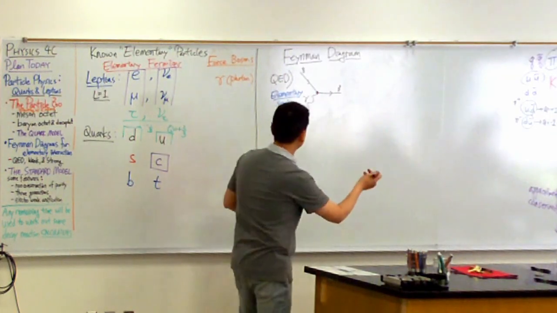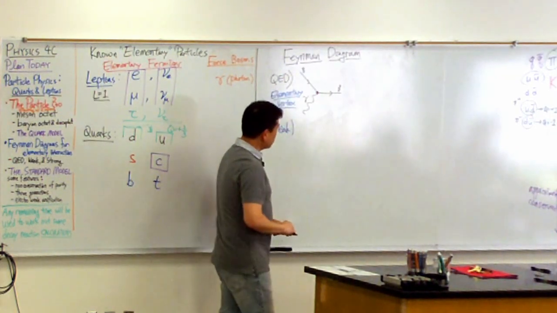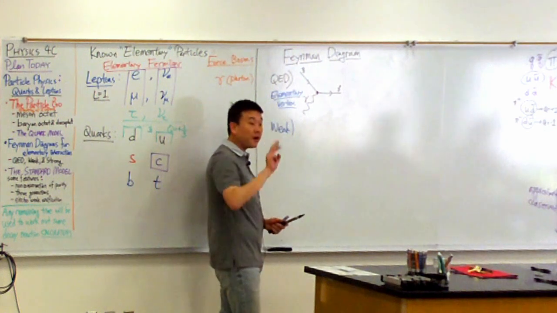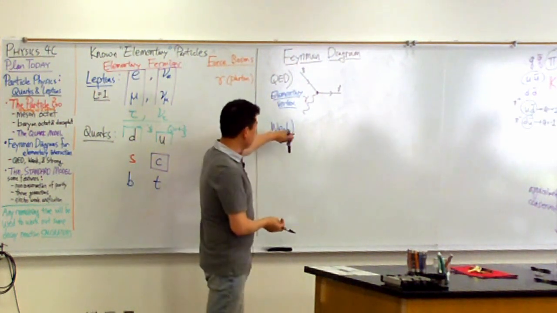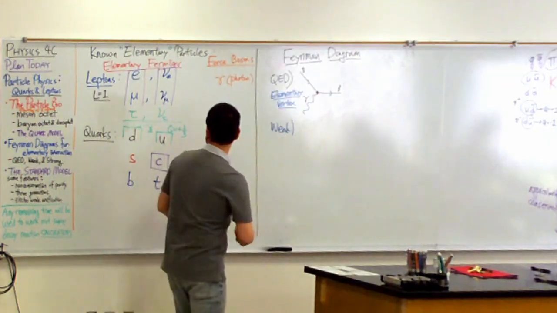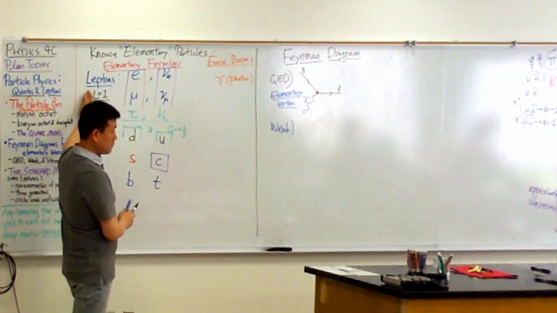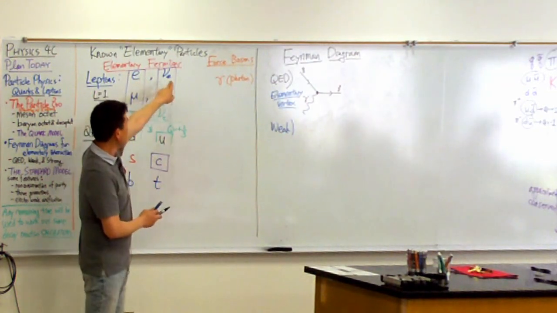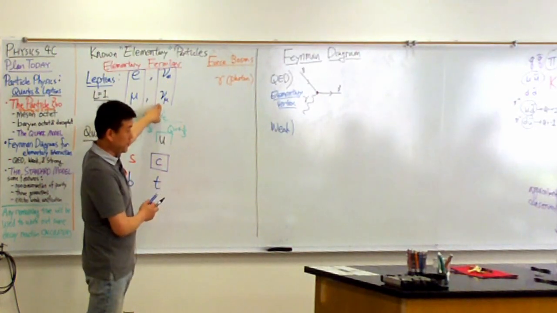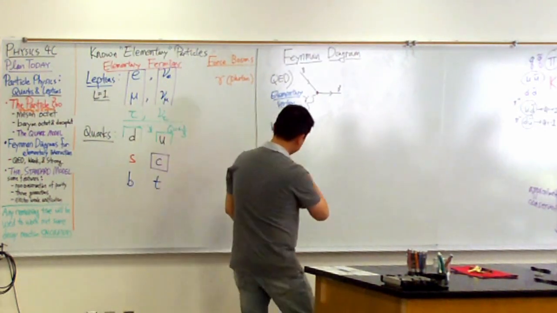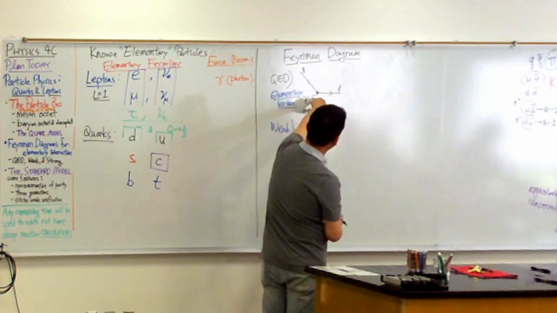Actually, there are three. Sorry, I do need to draw three. So there's a version of a weak interaction that involves leptons, for example, electron and neutrino, or muon and muon neutrino. So that interaction would look like, let me draw it the way I drew this.